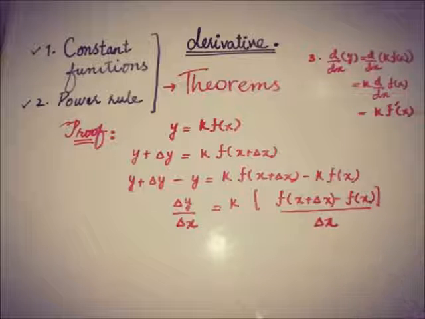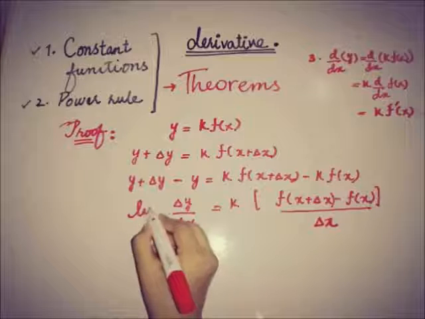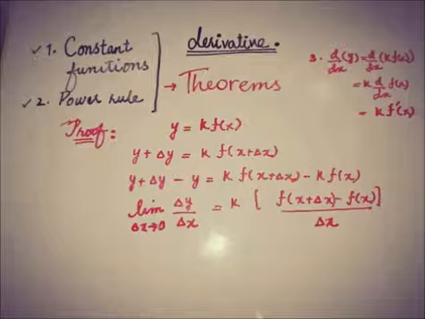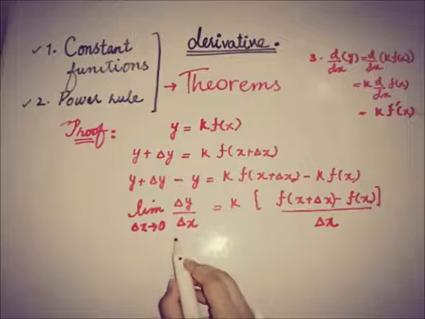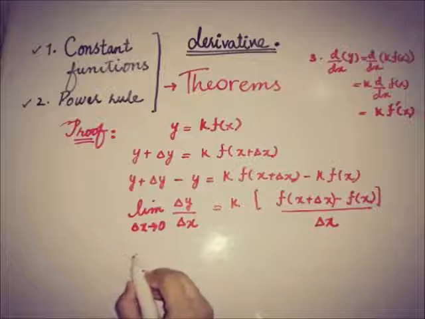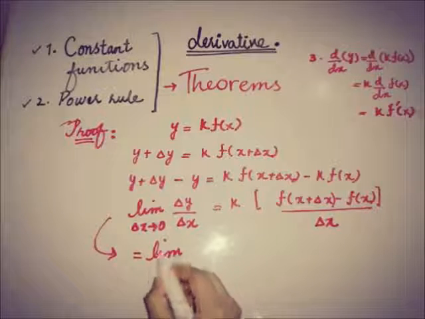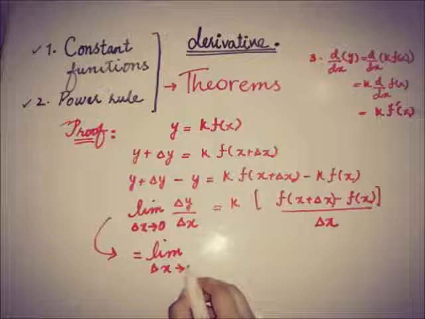The next step is taking the limit on both sides. So here we can write limit delta x approaches 0.